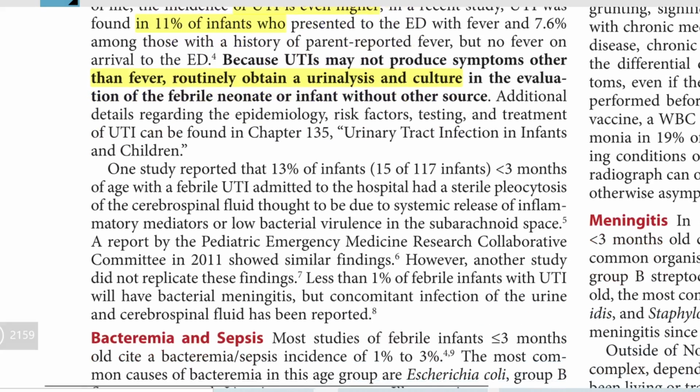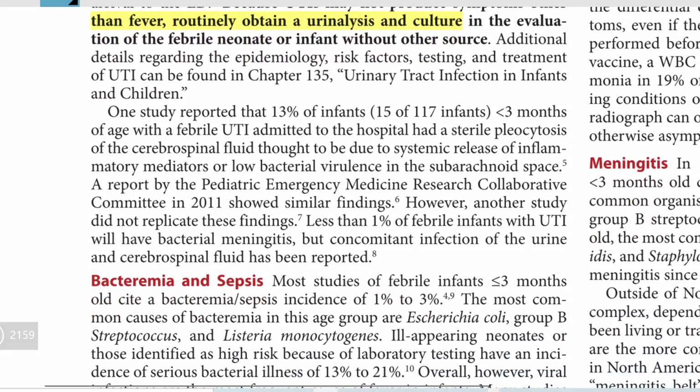In one study, 13% of the infants, 15 of 117, less than 3 months of age with a febrile UTI admitted to the hospital had a sterile pleocytosis of the CSF, thought to be due to systemic release of inflammatory mediators or low bacterial virulence in the subarachnoid space.